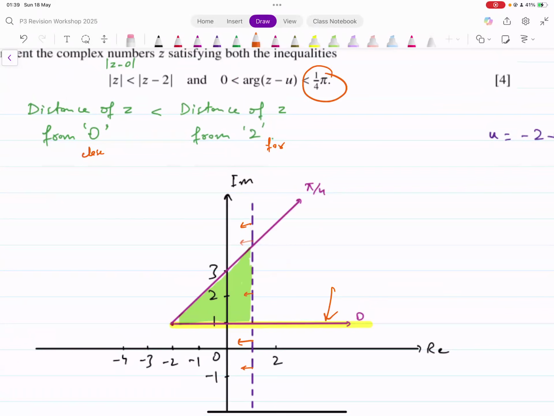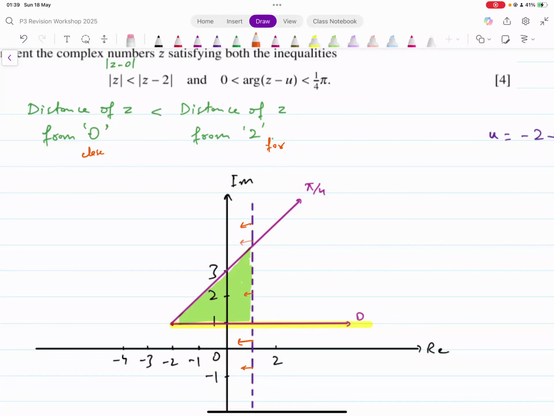Now, again, as I said, you have to be careful about pi over 4 angles, 45-degree angles. Whatever distance you're traveling horizontally, it should be the same distance that you're traveling vertically. Okay, so if you're traveling 2 units horizontally, you have to be traveling 2 units vertically. So this line has to pass through 3 here. That's necessary.